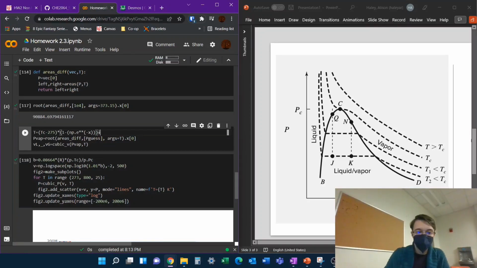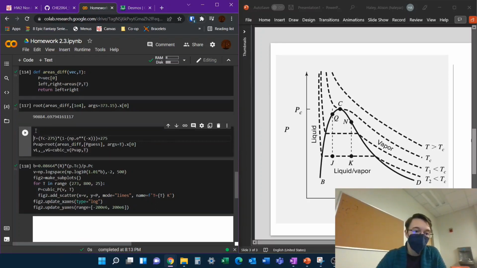Okay, and then add the 275 back. So that's what we're going to do for the temperature, and then we're going to iterate through different values of x. So for x in range, let's say 0 to 7 and maybe 500 points. And then we're going to put these all inside.